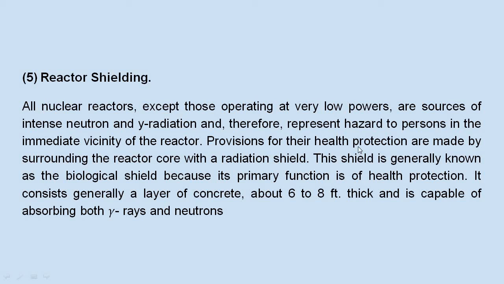Provisions for their health protection are made by surrounding the reactor core with a radiation shield. This shield is generally known as the biological shield because its primary function is health protection. It consists generally of a layer of concrete about 6 to 8 feet thick, capable of absorbing both the gamma rays and neutrons.